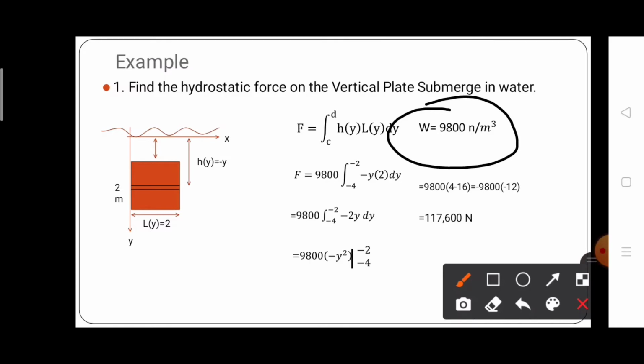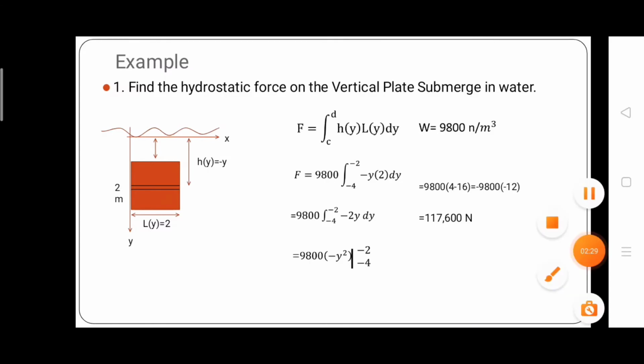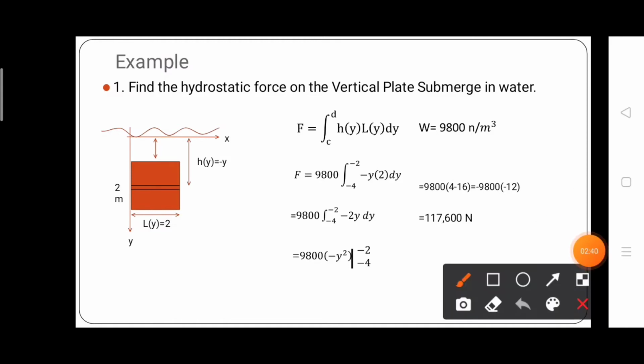The measurement that we use is meters. Also, we have the formula, which is force is equal to the integration from c to d of h(y) times l(y) dy. So that is the formula of our hydrostatic force.